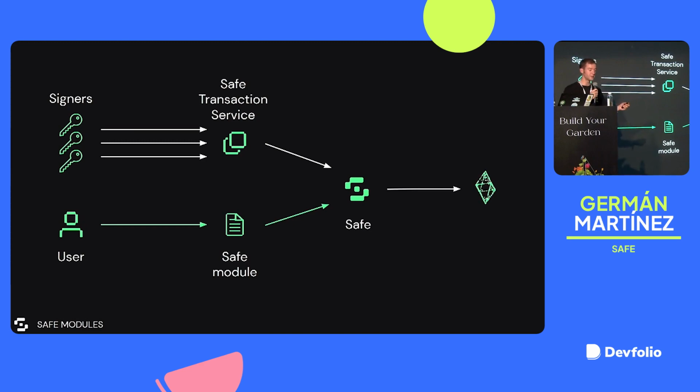This is very flexible because Safe modules are like a blank paper you can fill, but the responsibility of doing it well is on you. So all the logic, not for checking the signers, but for designing how you want to make a transaction valid or executable or not, depends on you.